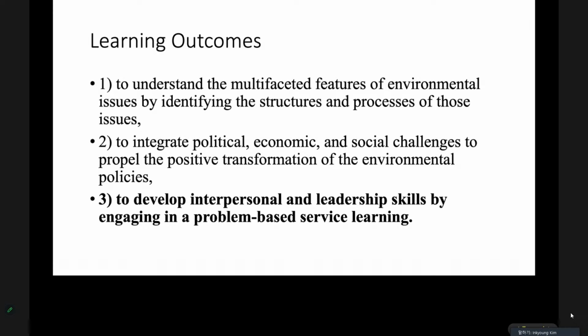I was not that familiar with the Living Lab as a teaching method when I was introduced by Dr. Shin, but thanks to this third learning outcome that I was prepared for, I was really happy to use it, even though I was a little nervous and hesitant to incorporate this new teaching method into a new course. But I will talk about those challenges at the end, about what to improve.